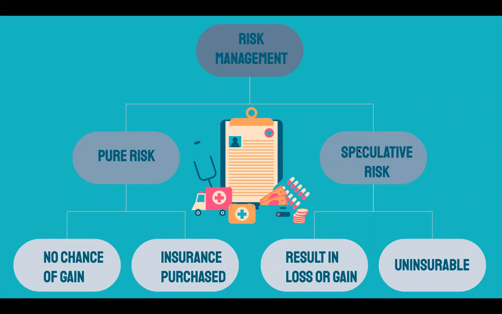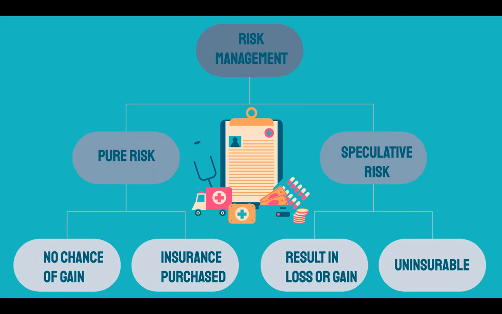There's also a speculative risk, which means it could result in a loss or a gain. So opening a business, we could make profit or we could incur loss. We could gamble, right? You could win big or you could lose big. We could play the lottery. You could win big or you could lose the amount that you paid for your ticket.